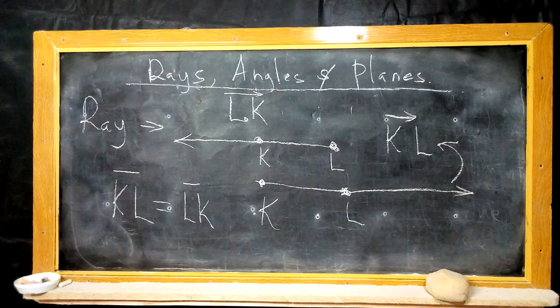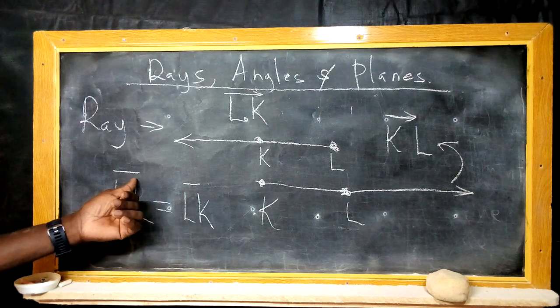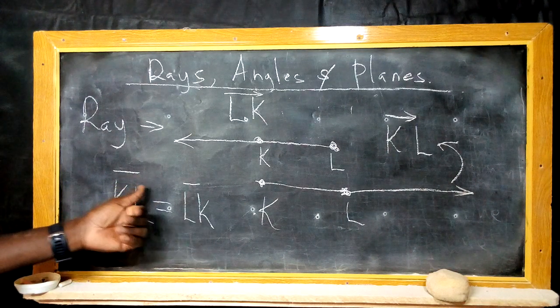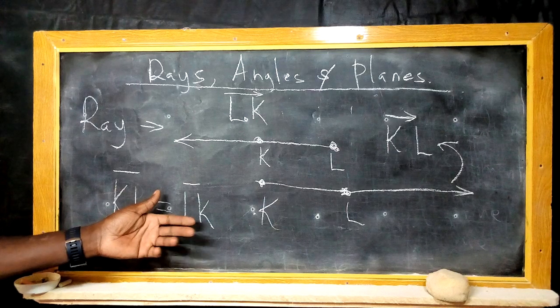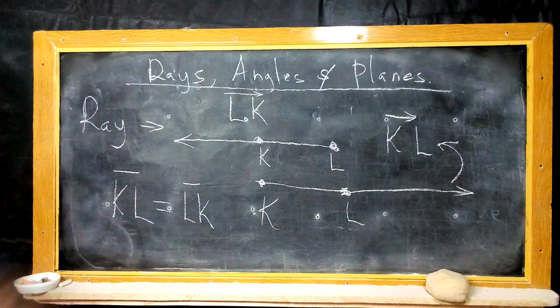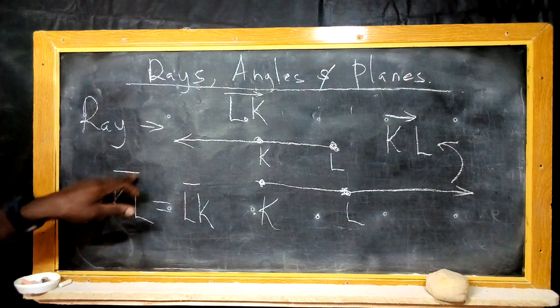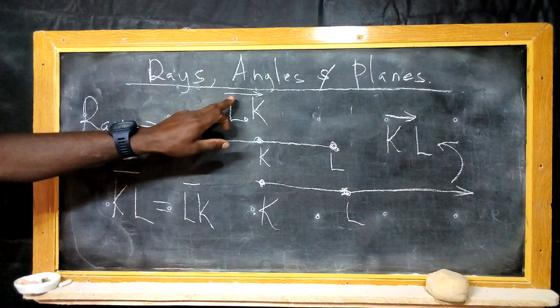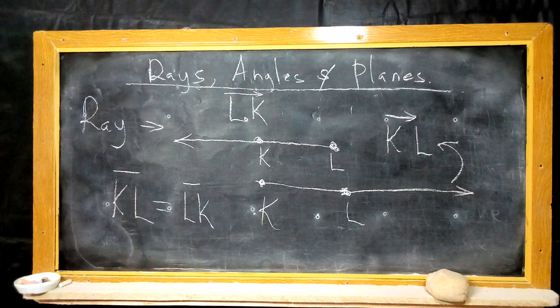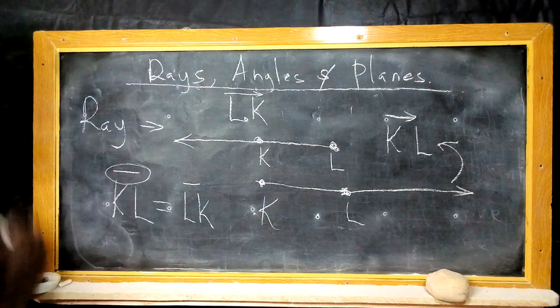When we are indicating a direction, the arrow I've used here is different from the line I've indicated here. This one denotes a line segment.